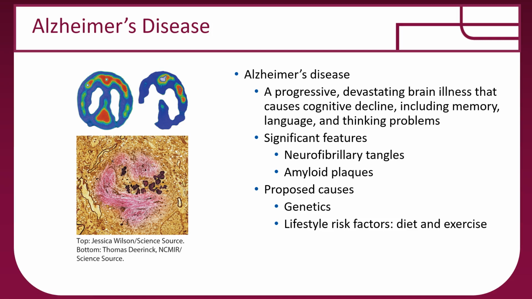Alzheimer's disease is a disease mostly of memory. It's a progressive brain illness. It causes all sorts of cognitive decline, including memory, language, and thinking problems. In the brain, you see what we call neurofibrillary tangles and amyloid plaques. Those are the hallmark features of what we see in brains of individuals with Alzheimer's.